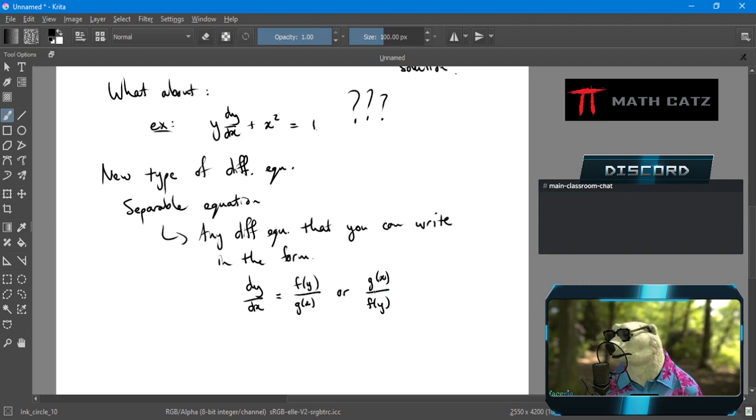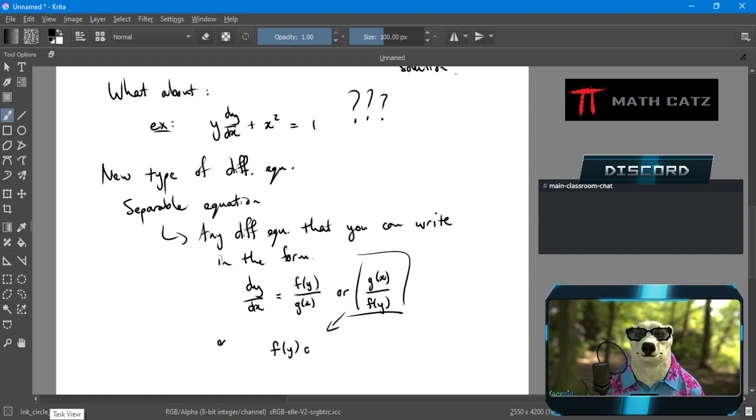I want to be able to separate them. Let's focus on this one and recognize that the function doesn't actually matter. I can recognize that I can write it like this, have only y's with my derivative and only x's on the other side.